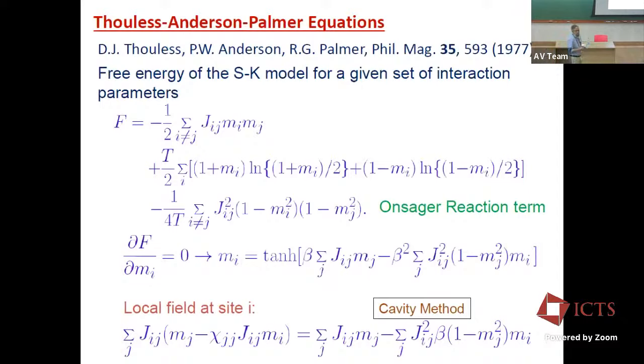It's in continuum space, and the quantity that plays the role of these m's is the local density. So the free energy is a functional of the local density, and you have to do a functional minimization. And that can be done, but that treatment is not as good as this TAP, because the free energy that we are using is an approximation. It is not the exact free energy for a system of particles.